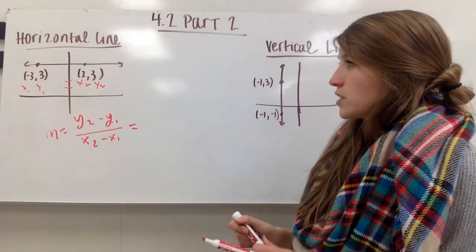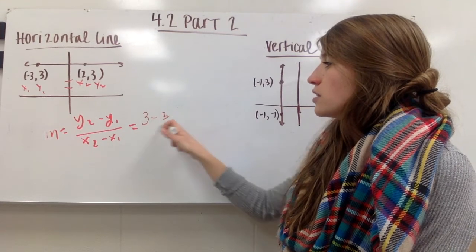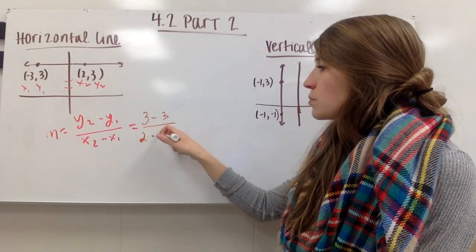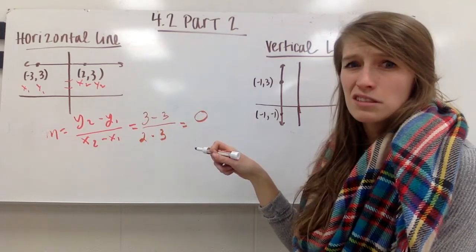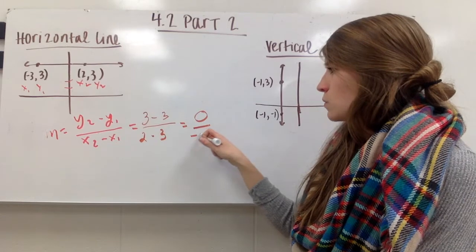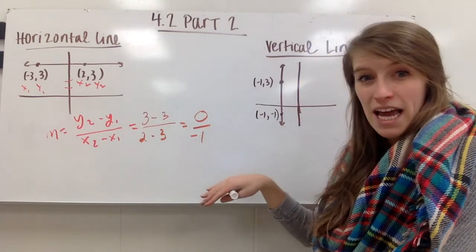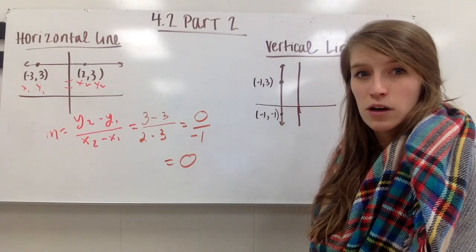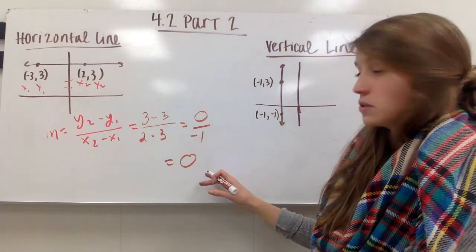So y2 minus y1 is 3 minus 3 over x2 is 2 minus 3. So this is 3 minus 3 is 0 over negative 1. 0 divided by any number, no matter the number, is always just 0. So our slope right here is a slope of 0.